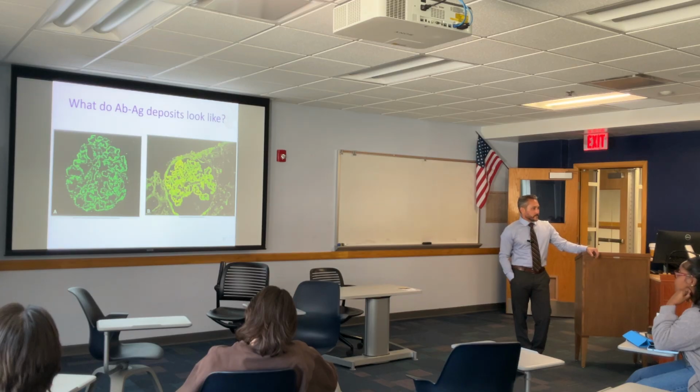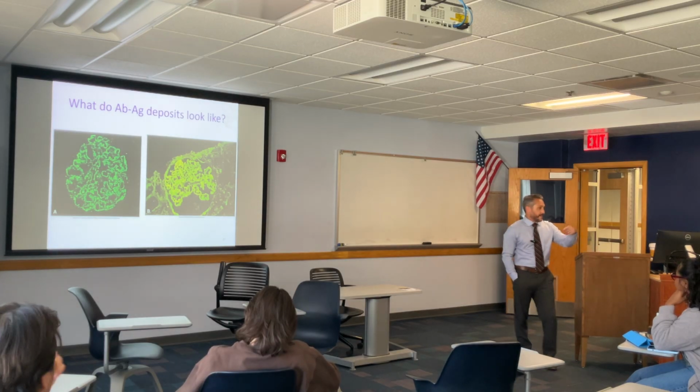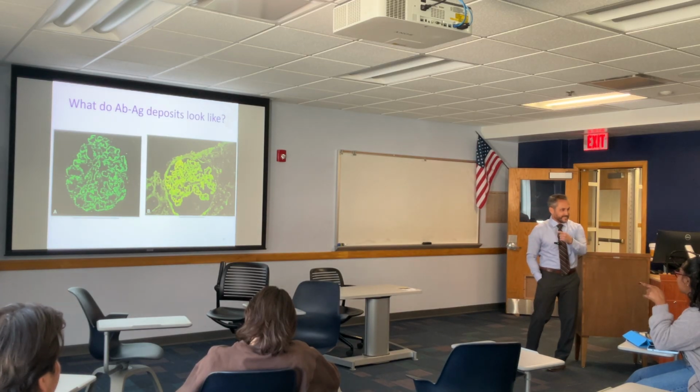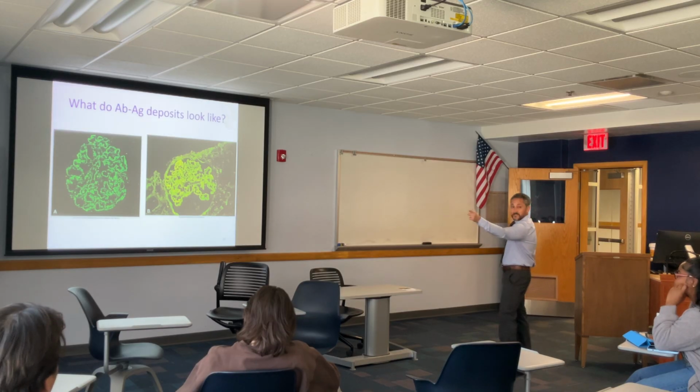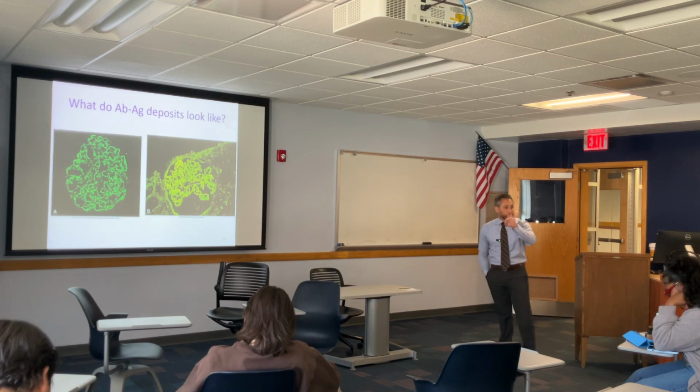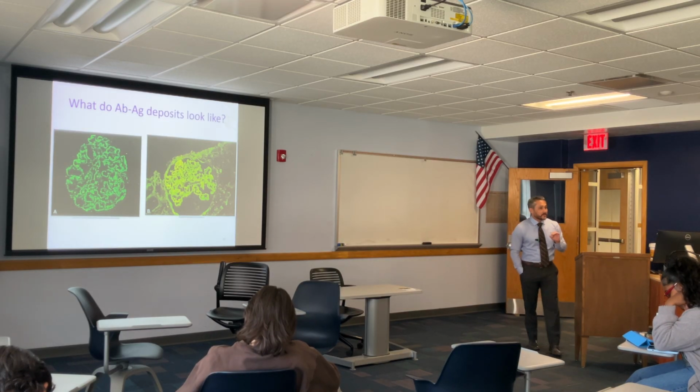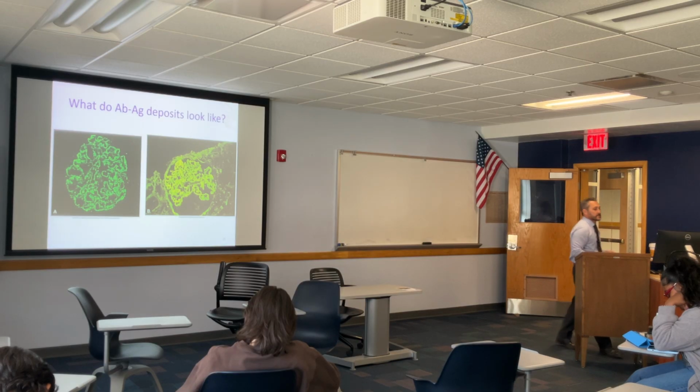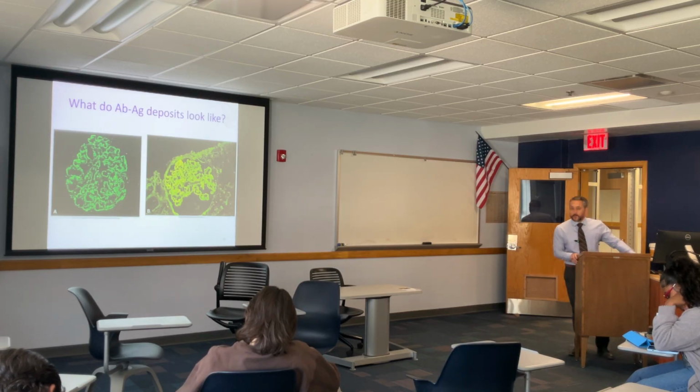Which one do you think that is? Yeah, I see people pointing. Yeah, the left side. The green side is more punctate. Stuff gets trapped in certain spots. So it's what we refer to as a granular characteristic of circulating type 3 hypersensitivity.